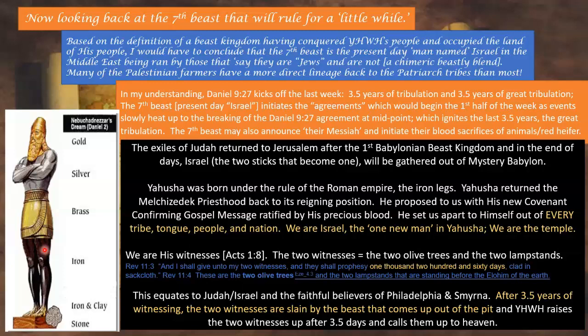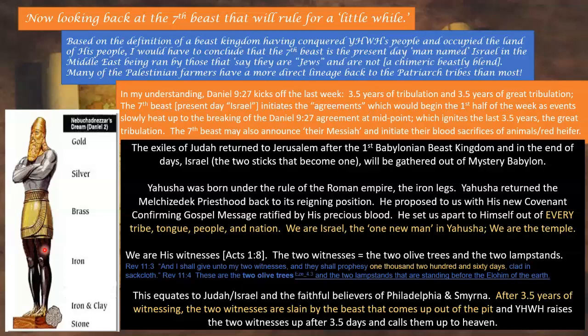These are the two olive trees." So the two witnesses spoken of in verse 3 are defined in verse 4. "These are the two olive trees and the two lampstands that are standing before the Elohim of the earth."